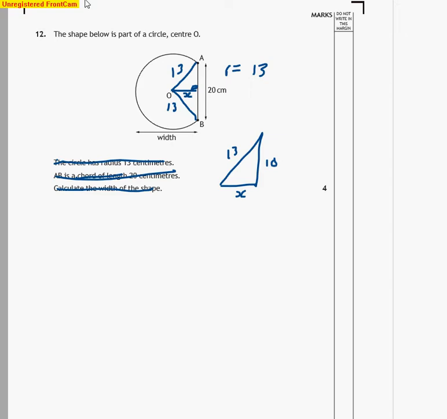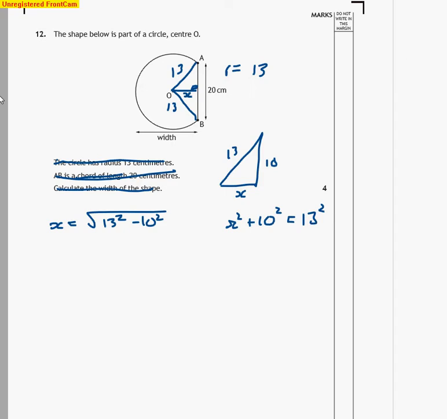Using Pythagoras, I know that X is going to be Pythagoras take away. I really am rubbish with this pen. X is equal to the square root of 13 squared minus 10 squared. That's just your standard x squared plus 10 squared is equal to 13 squared, just standard Pythagoras.